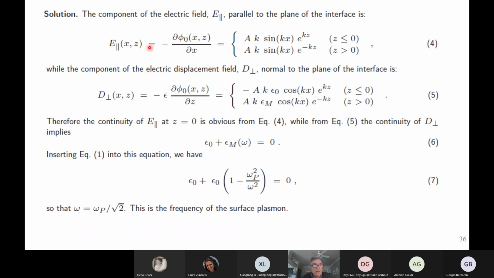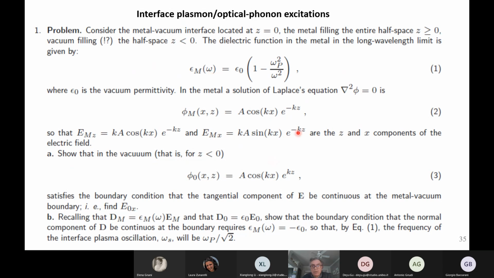What we do is consider the Poisson equation. We have the magnitude of the electric field parallel to the interface, and the dielectric displacement field D perpendicular to the interface. They have to be continuous. So it has to decay away from the interface in the metal and in vacuum, with some amplitude.